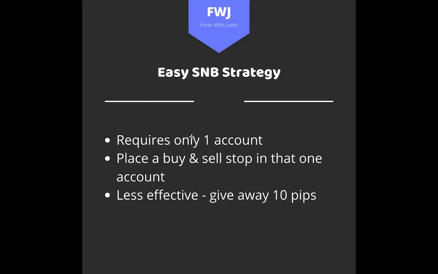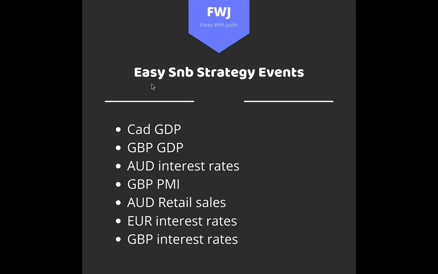For the easiest SMB, there's a specific list of news events that we choose to trade it with. This is the list here. So it includes CAD GDP, GBP GDP, AUD interest rates, GBP PMI, AUD retail sales, Euro interest rates, GBP interest rates.